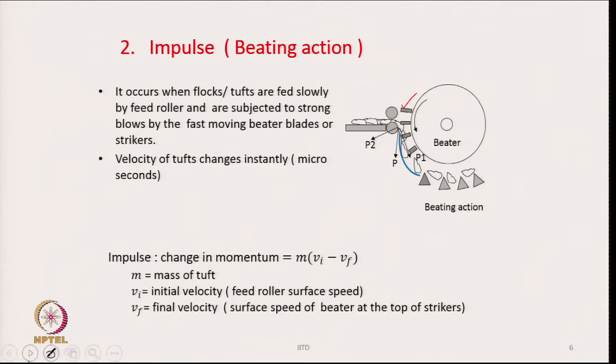So, what will happen? The velocity of the tufts will change instantly, within microseconds. The speed of the beater could be anything between 400 to 800 RPM, and we can find out what velocity is there at the level of the strikers.